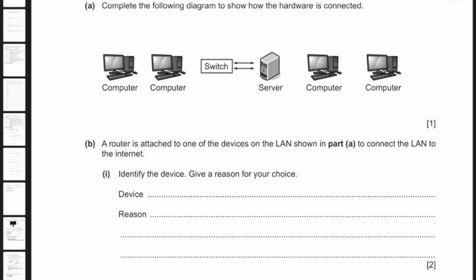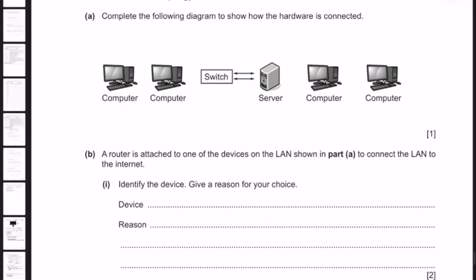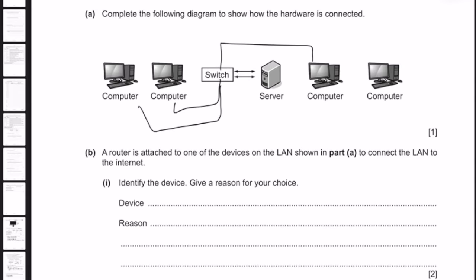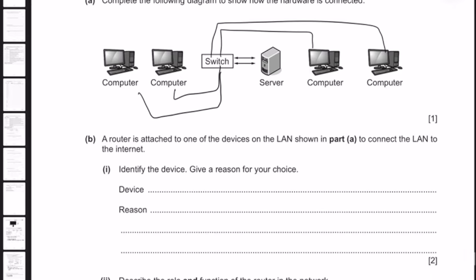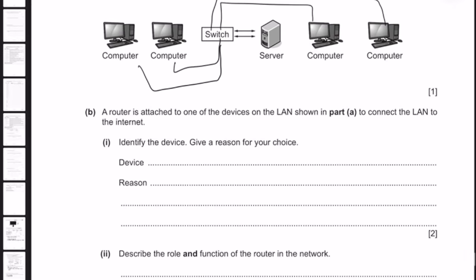So all 4 computers need to be connected to the switch. So computer 1, computer 2, computer 3. I think you can definitely draw this much better. And then it is connected to the server. The switch is connected anyway.